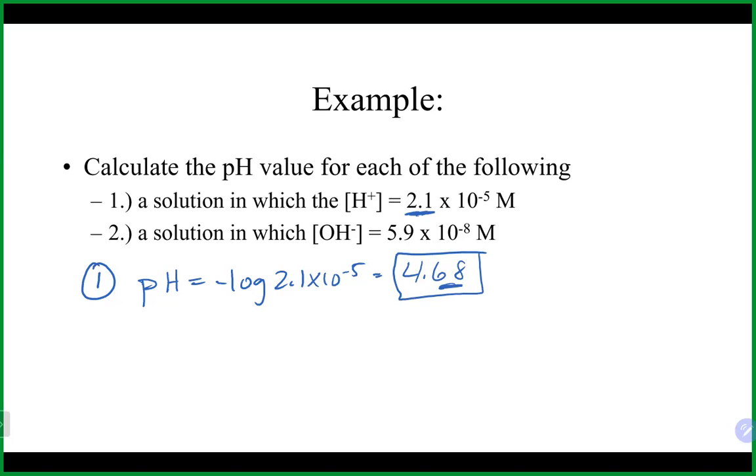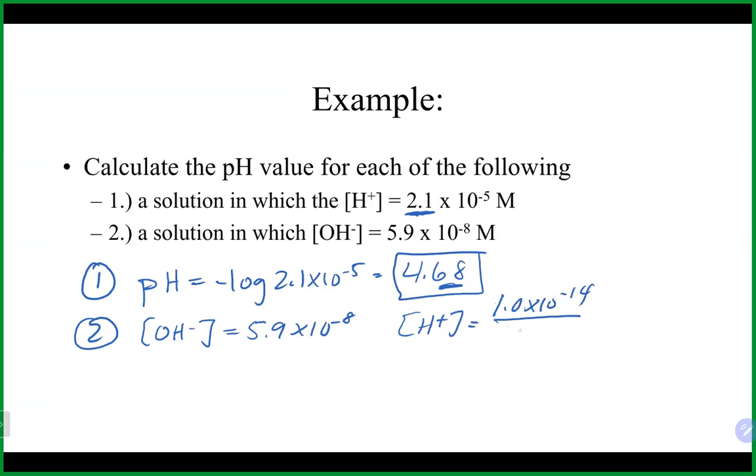For number 2, we are not given the H plus concentration. We're actually given the OH minus concentration, which means that we do want to convert it into the H plus concentration so that we can get the right pH. The H plus concentration would be our Kw value divided by the OH minus concentration.